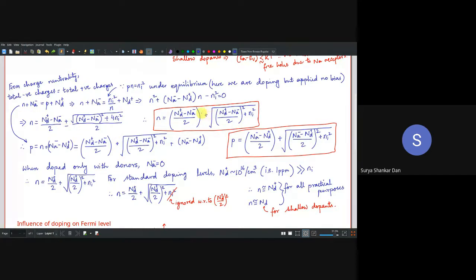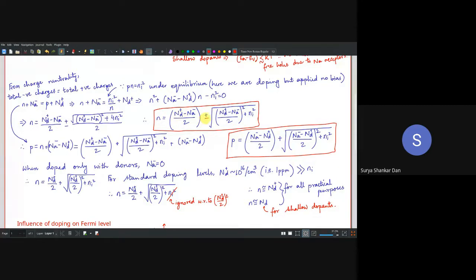Notice that if we had taken a minus here, what does it imply? This bracket, (Nd plus minus Na minus) whole by 2 whole square, is the same as this bracket. So clearly, no matter how large this difference is, ni square is always going to make sure that the factor underneath this root is larger than the factor before.